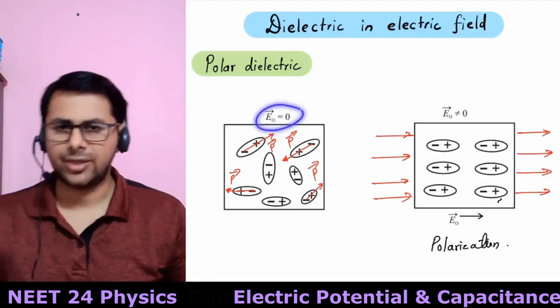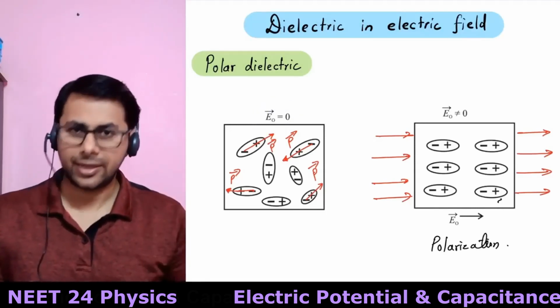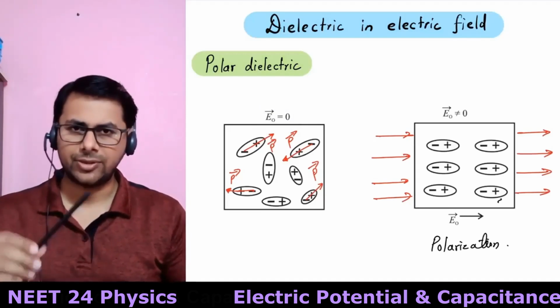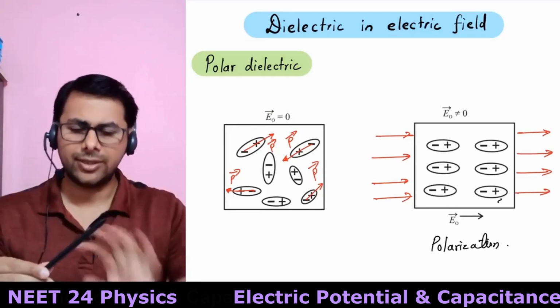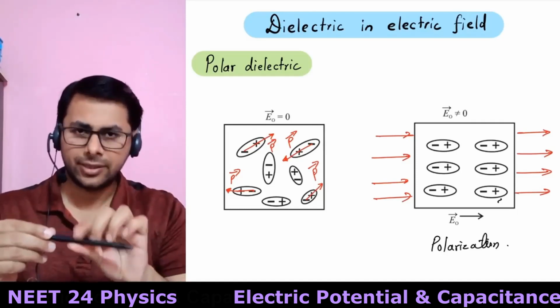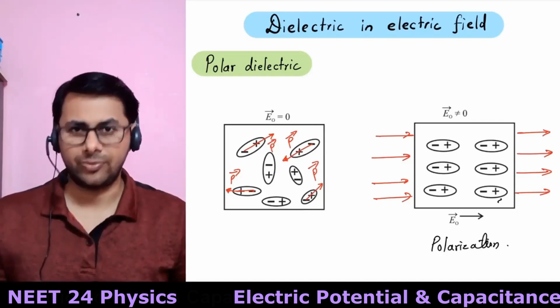So when there is no electric field, the dipole moments of individual molecules are directed in different directions. But when you apply the electric field, we know that the electric field exerts a torque on the dipole and it tries to align it in the same direction as that of the electric field.